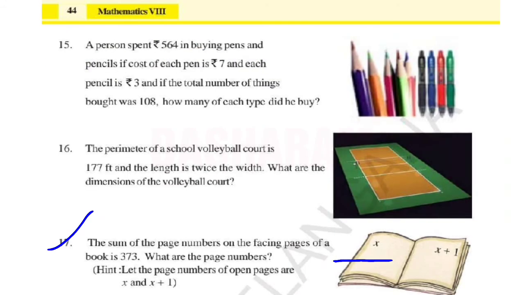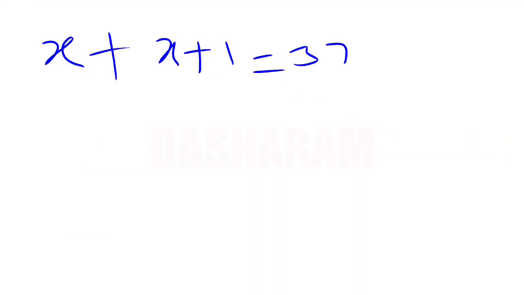So one facing page is x, another one is x plus 1, which means they are serial numbers. Definitely the facing pages will contain serial numbers. Their sum equals 373. So x plus x is 2x, plus 1 equals 373.